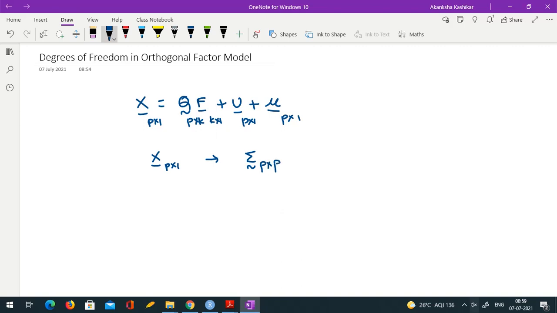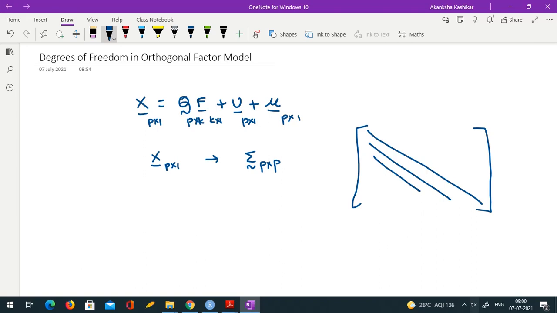When I say I'm going to estimate sigma, which is of order p cross p, how many entries do I actually have to estimate? My sigma matrix is a symmetric matrix. So I have to estimate the diagonal, of course, the variances, and then the covariances. Either the upper triangle or the lower triangle, because it is symmetric, we have to estimate only one part. Suppose I estimate only the lower triangle. How many total entries are there?